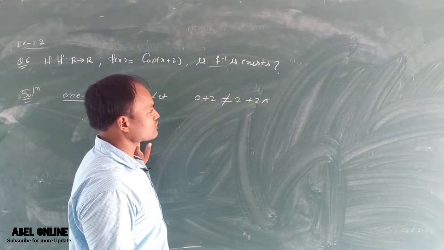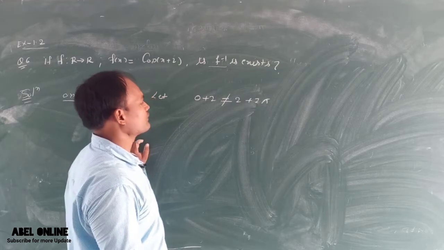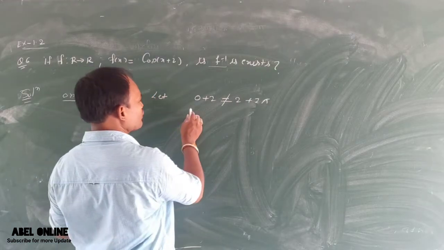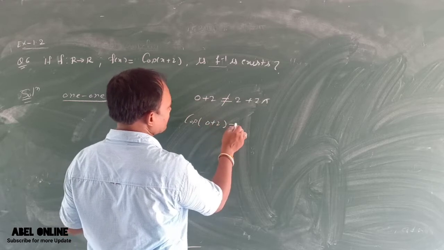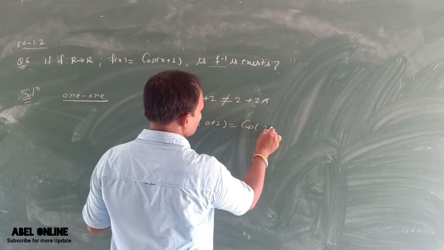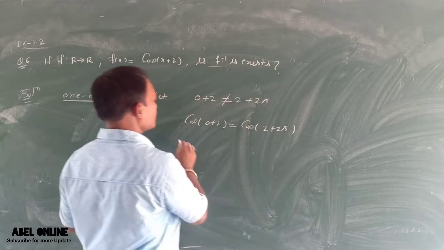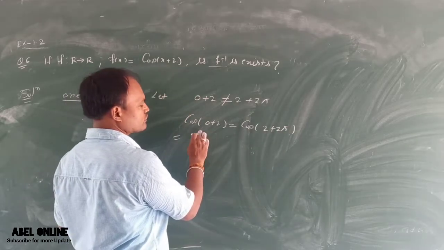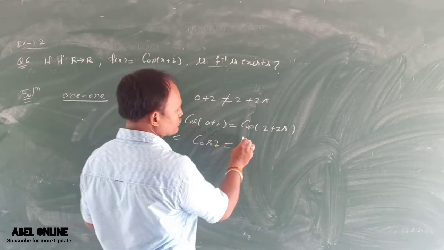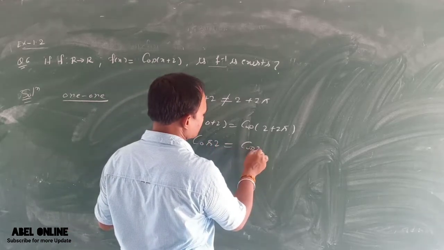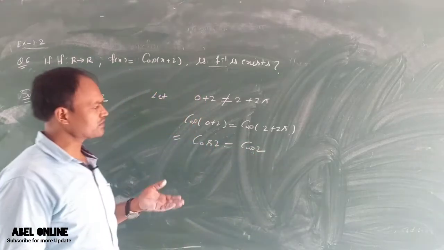Taking cos x, we get cos of 0 plus 2 equal cos of 2 plus 2 pi. Cos of 0 plus 2 means cos 2, and cos of 2 plus 2 pi is equal to cos 2. So what do we have, students?